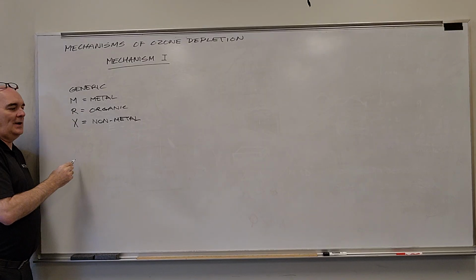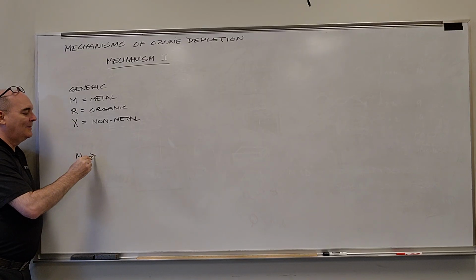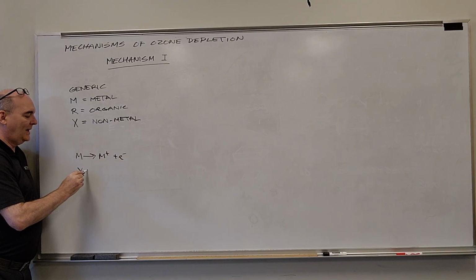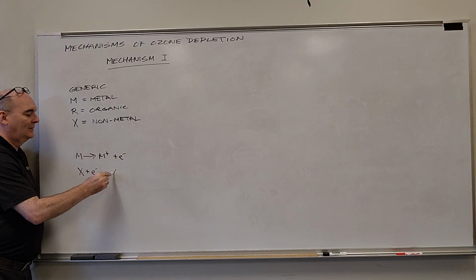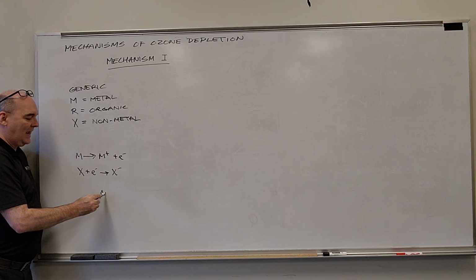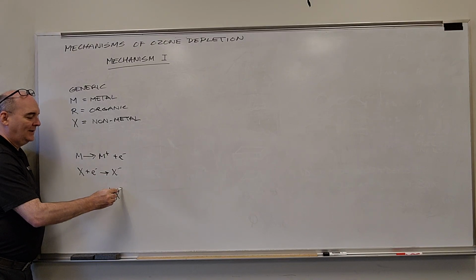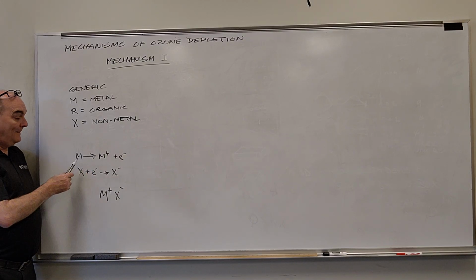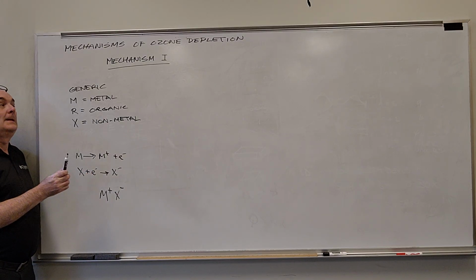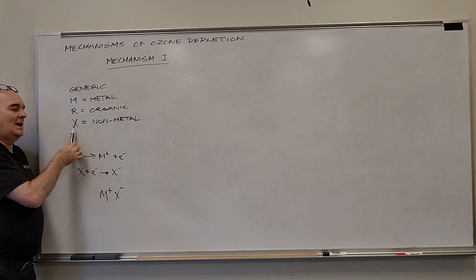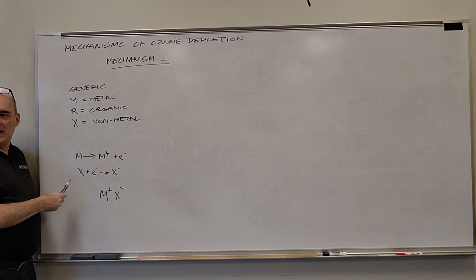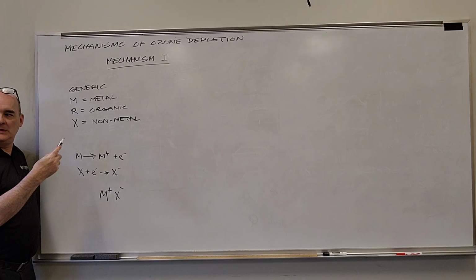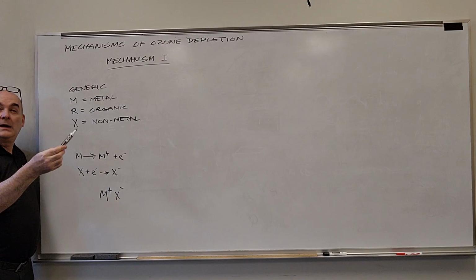Like back to chemistry 1, where we say metals undergo oxidation, they lose their electrons, non-metals gain electrons by reduction, and then M plus meets X minus, and they make an ionic compound. Okay, this is generic. Metal, non-metal. Most of the time, X is going to be a halogen. Halogens are group 7 gases. They're the fluorines, chlorines, bromines, iodines of the world.